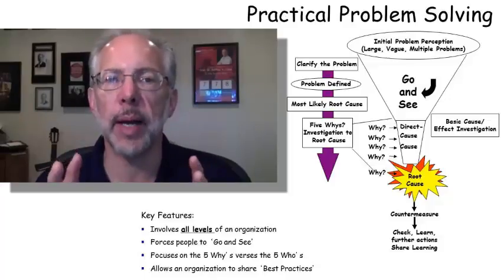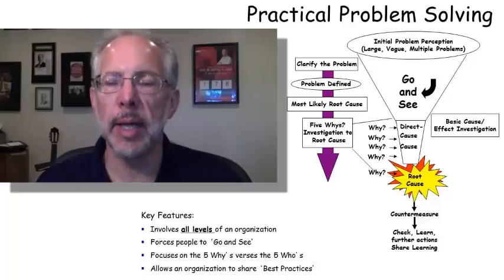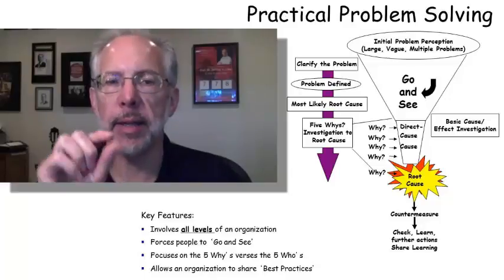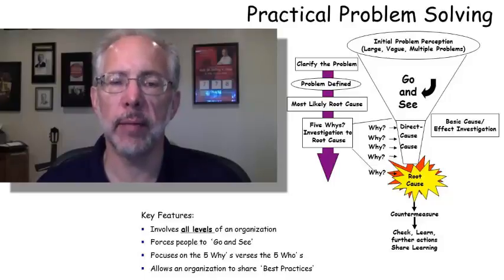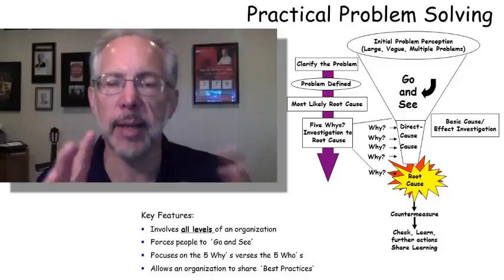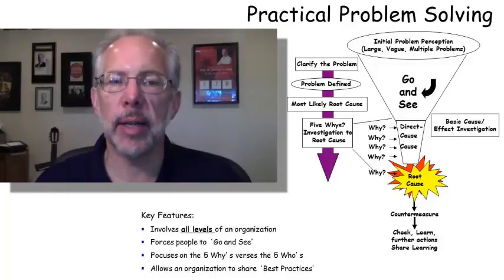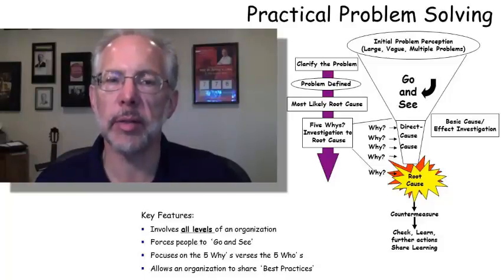So we start off by having just this vague perception that something hurts, there's some pain, and then we have to clarify that problem and, as I said, break it down until we finally have an actionable problem, and then we will start with the most likely root cause, and that may be root causes. So you may use, for example, the 7 quality tools and collect some data and do Pareto charts, and you may do a cause-effect diagram, and you're getting a picture of some of the causes, and then you're narrowing that down to the most likely causes.